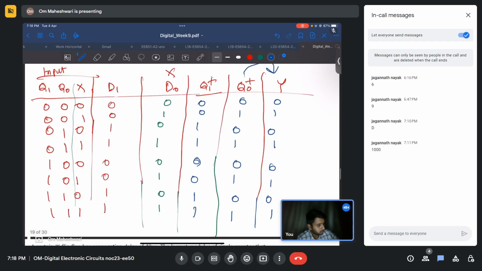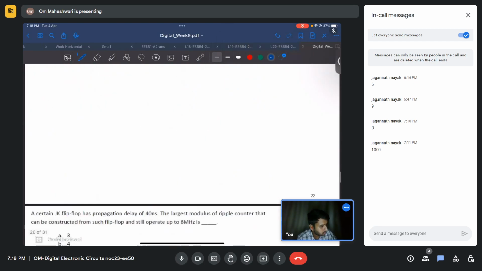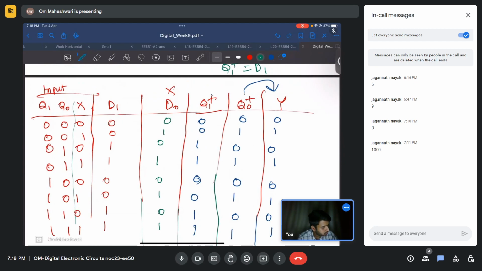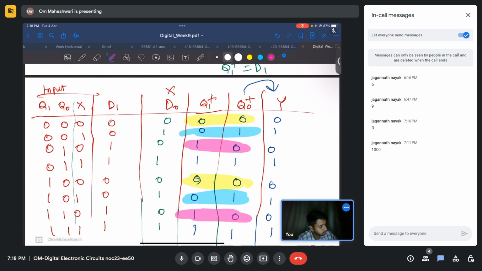Okay, and let us make a state diagram. So how many states we have? 0 0 state, 0 1, 1 0, and 1 1.